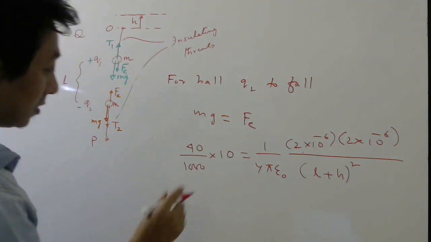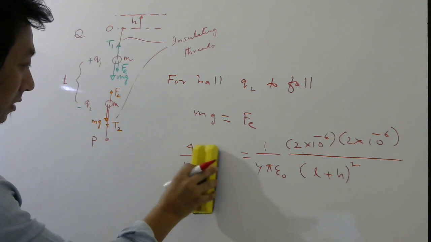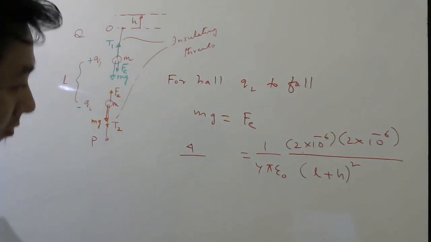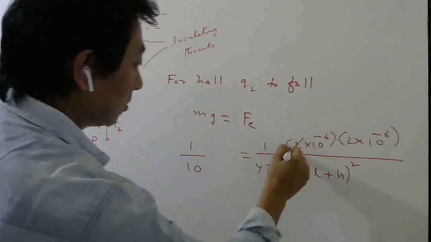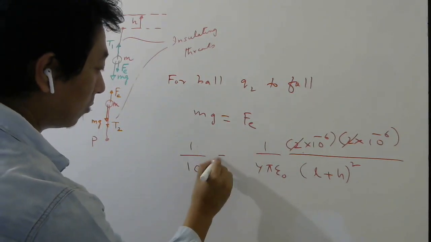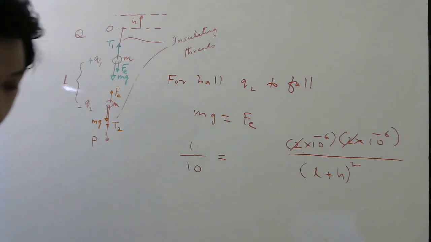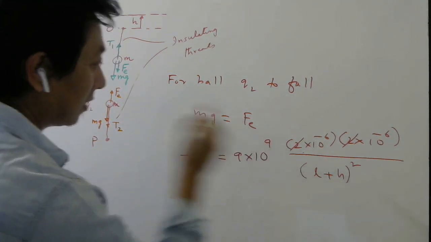Okay. So this will give you this 10 and 10 will cancel. This 0 and this 0 will also cancel. So this will be 4 by 10. This 4 will cancel with this 2. Right? And what was the value of 1 by 4 pi epsilon naught? Let us write here only. It was 9 into 10 to the power 9.